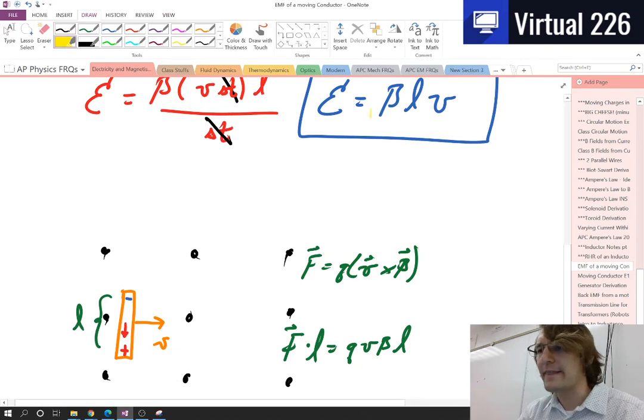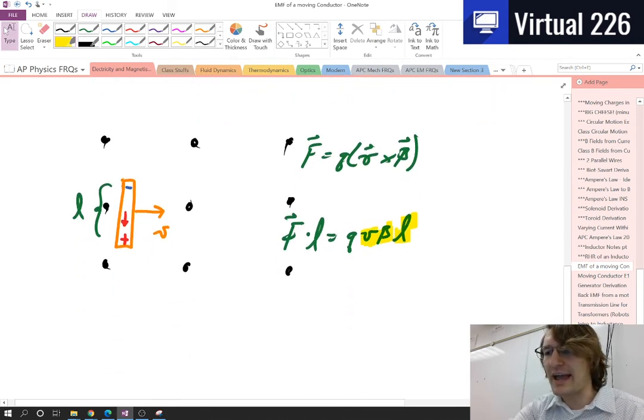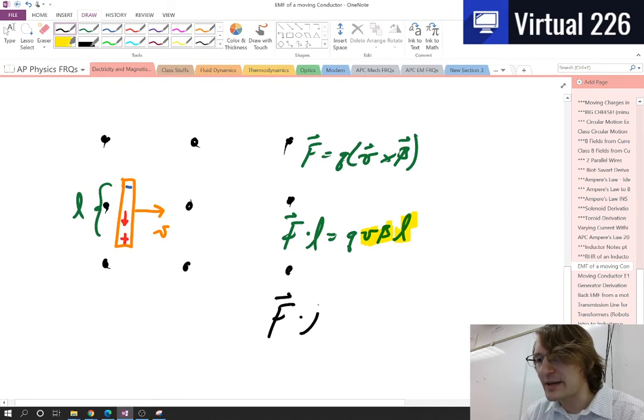We know that BLV is an EMF, a voltage, and here we're saying a force times a length equals Q multiplied by an EMF or a voltage.